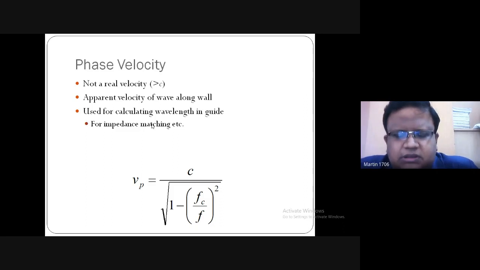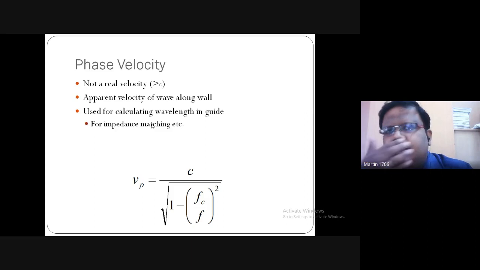The formulas are given, I will show them. The phase velocity is denoted by V suffix P, which is C divided by the root of 1 minus (Fc divided by F) whole square, where C is the real velocity.